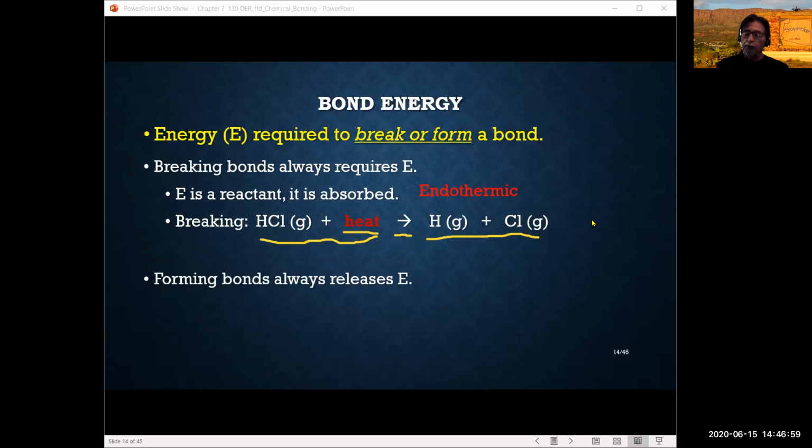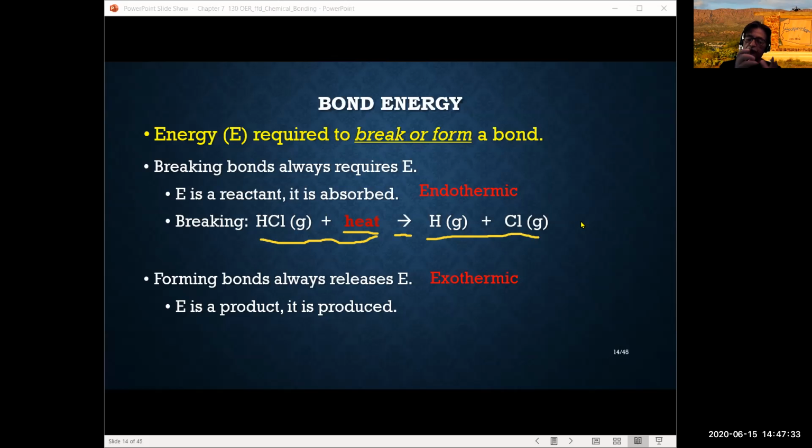Now, when we're forming bonds, it releases energy, and that is what we call exothermic. Energy is being released from the reaction. And so in this case, energy slash heat is produced and it's a product. Another example of this is something you may have used from the pharmacy. They've got cold packs, but you know what? They also have hot packs. You can buy them, smack them, they get warm.